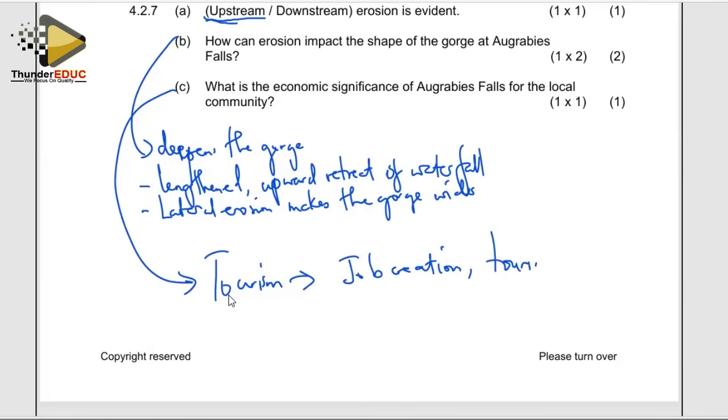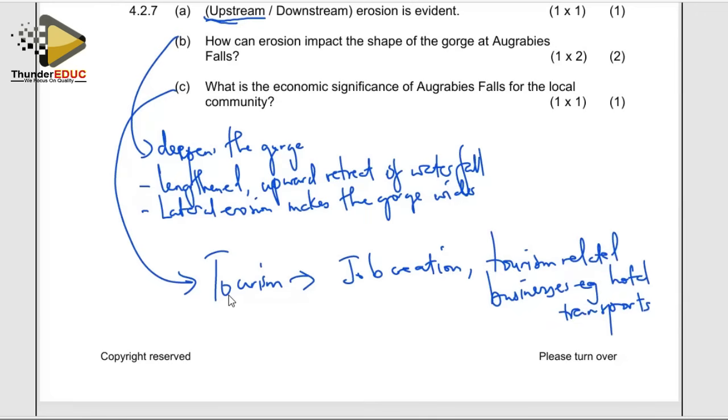Tourism-related businesses are going to be established. You can talk of e.g. hotel and catering or transport. Those businesses are going to be stimulated because of tourism activities.